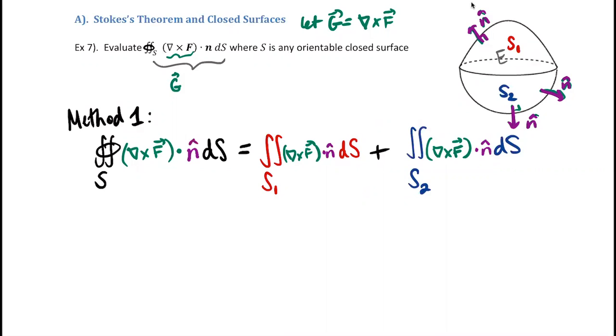And so let's assume that this vector field is such that Green's and Stokes' theorem holds, i.e. that the components of this vector field are continuous and have continuous partial derivatives. So if I can use Stokes, then instead of doing the surface integral right here, I can do a line integral over the boundary.